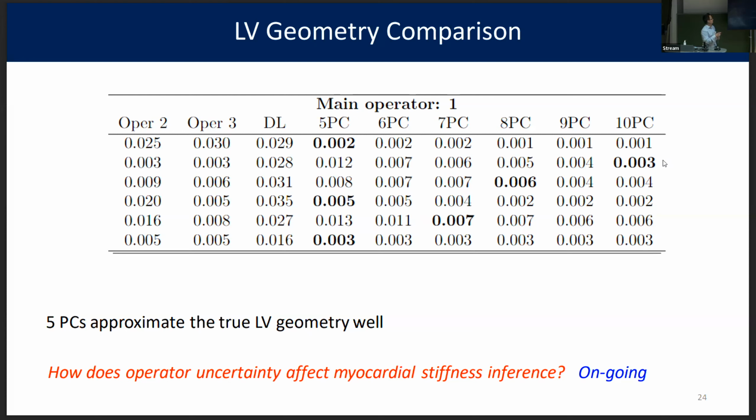And for the others, the errors introduced by 5 PCs are comparable to the operator-induced error. So that means we are quite happy with the 5 principal component reconstructed geometry, and we've been using these 5 PCA for a while.